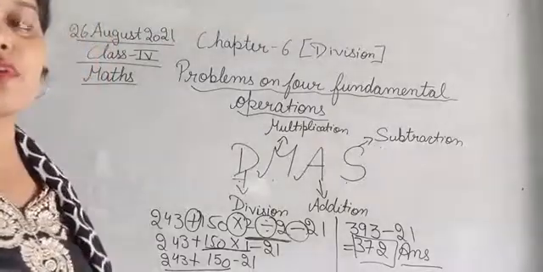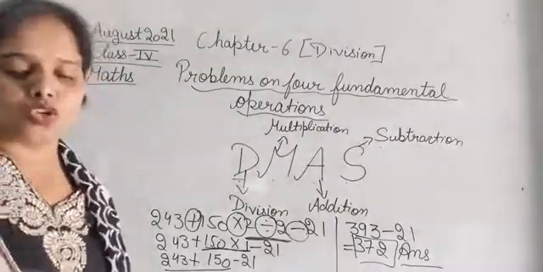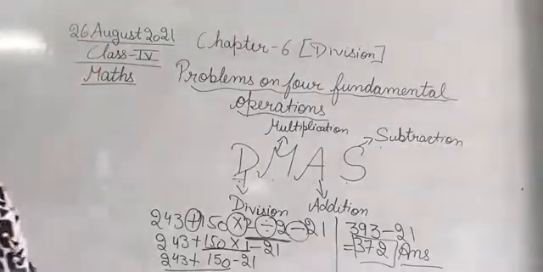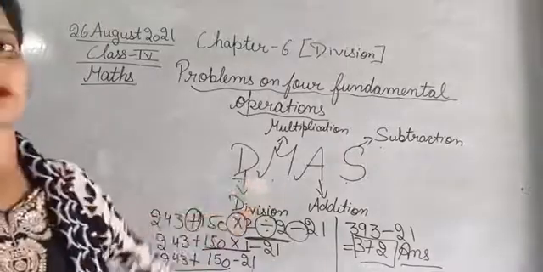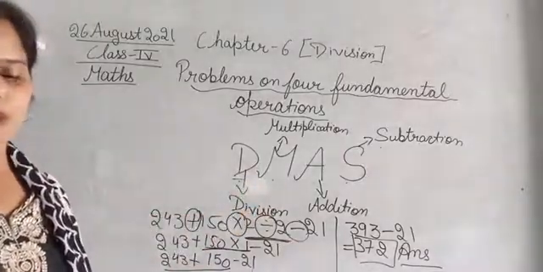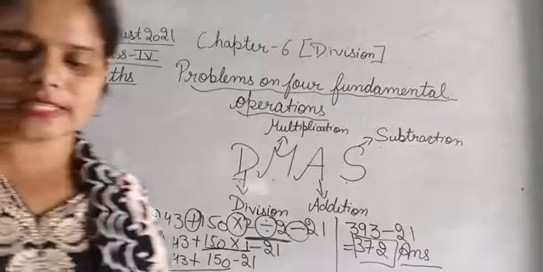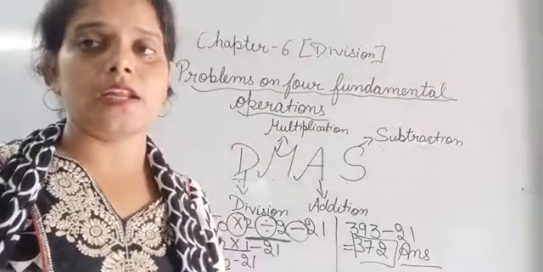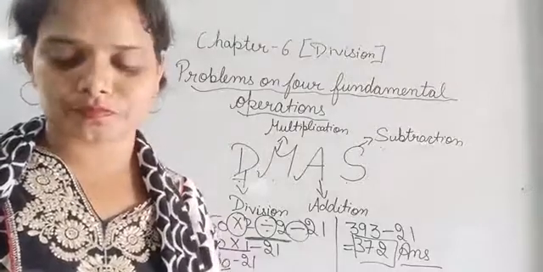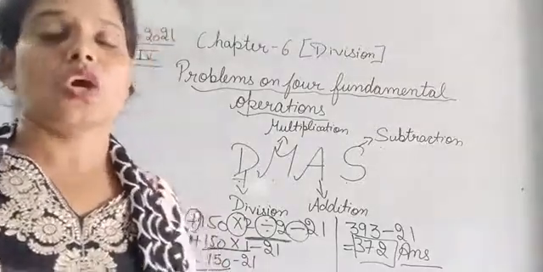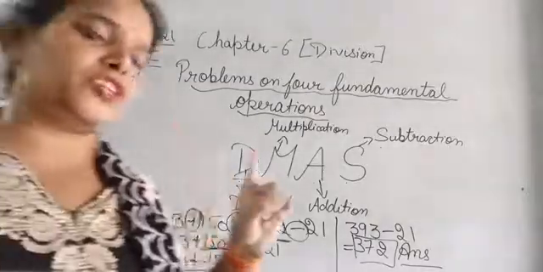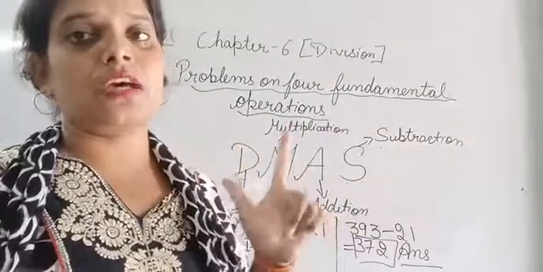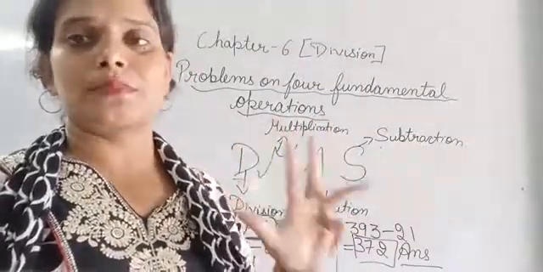This is the rule that we use while doing simplification. While doing simplification, these are the rules you have to follow. In exercise 6.7, certain sums of simplification are there, and we have to solve them using this DMAS rule. Just remember this: first we do division, multiplication, addition, and subtraction.